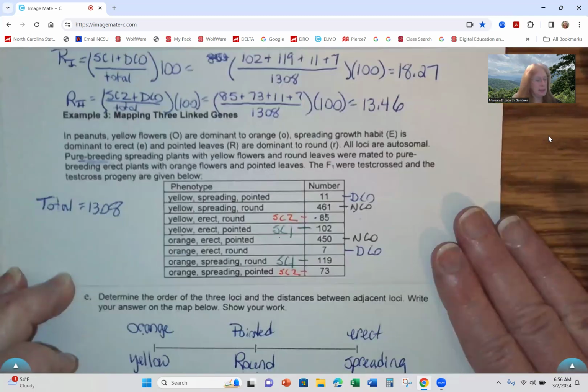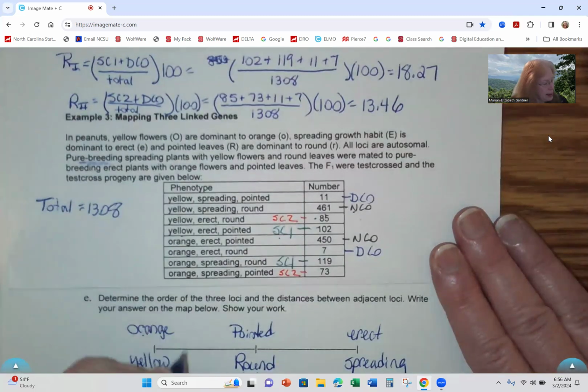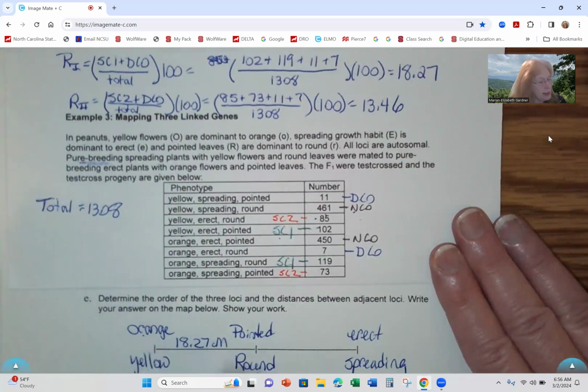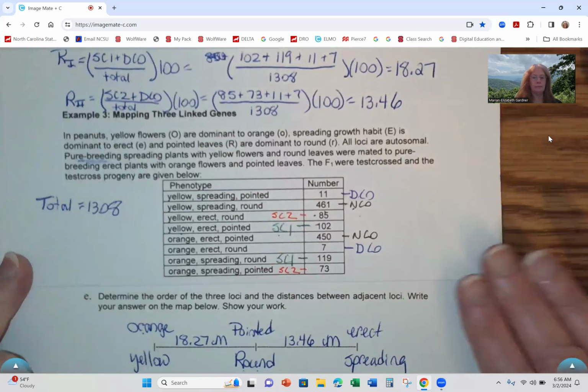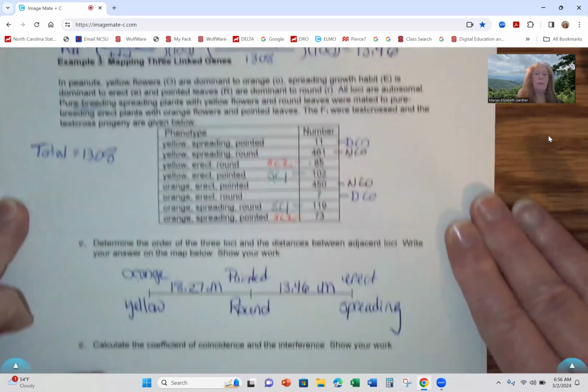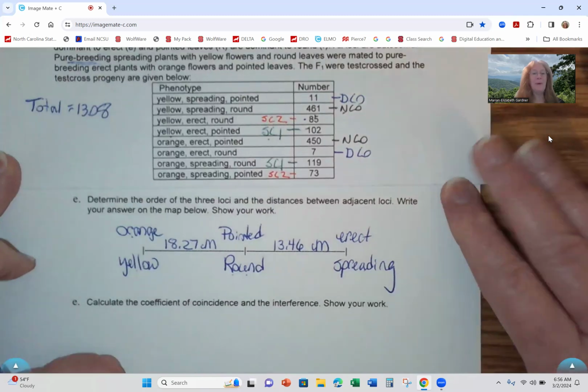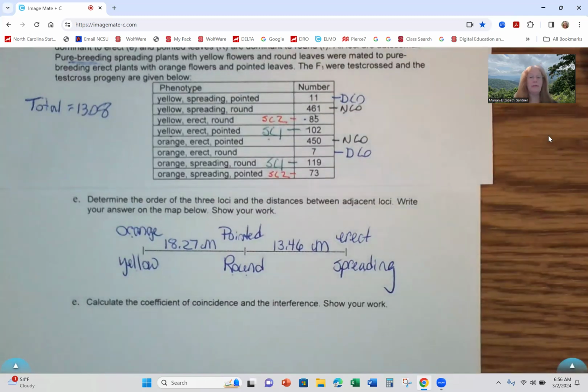So I can put these on the map, 18.27 centimorgans and 13.46 centimorgans. There's one more part to this problem. We want to calculate the coefficient of coincidence and the interference.